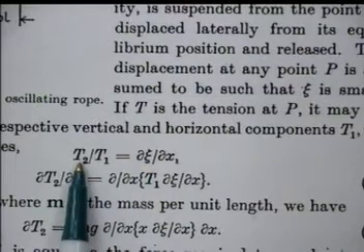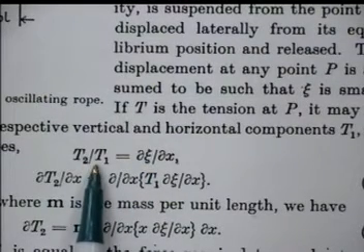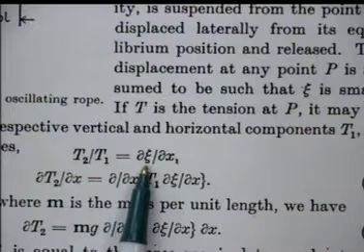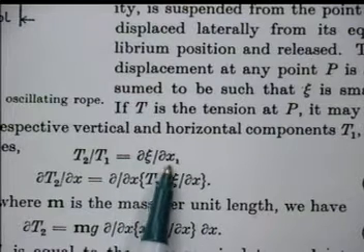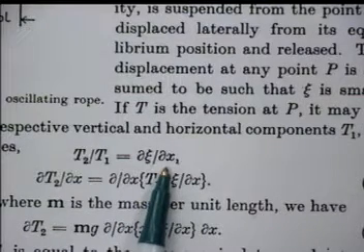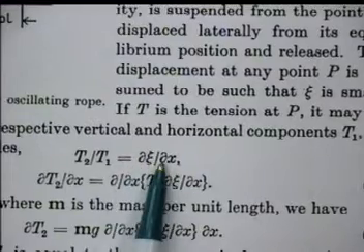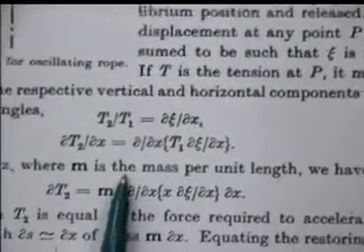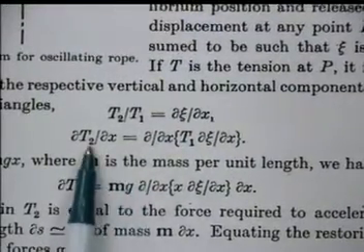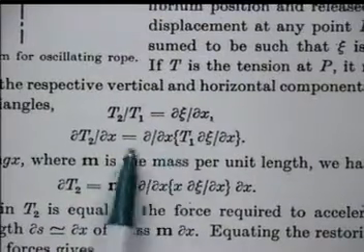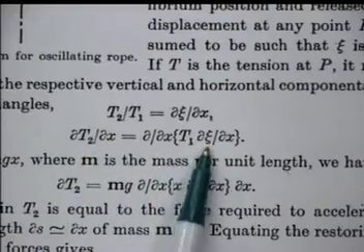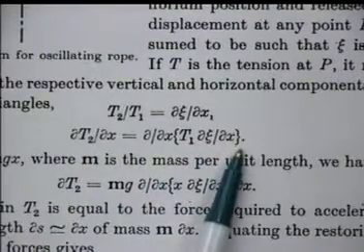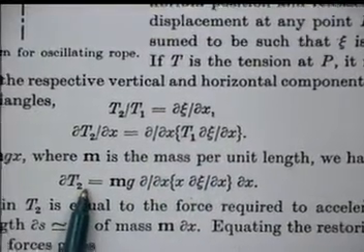So the horizontal tension divided by the vertical tension is equal to the partial of psi divided by the partial of x, which is essentially the slope at that point. Doing a little rearranging, moving T1 to one side and differentiating with respect to x, you get this version.